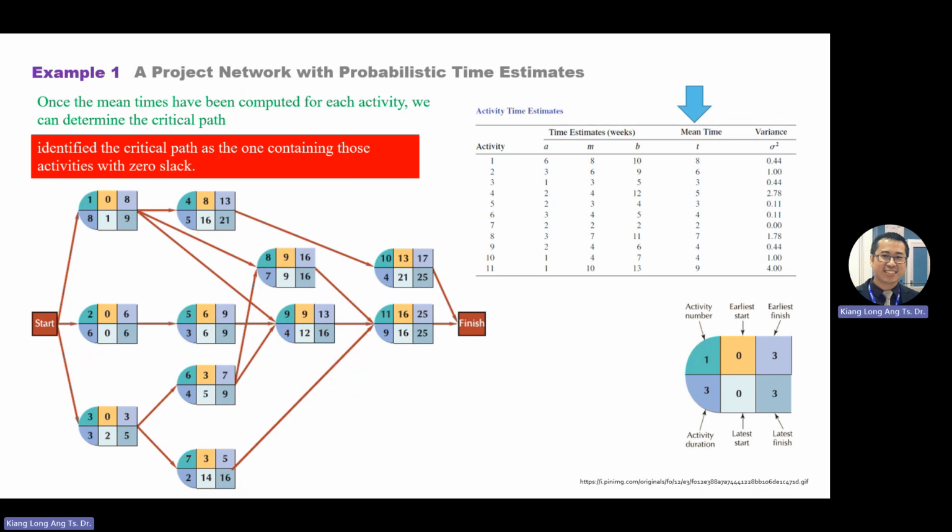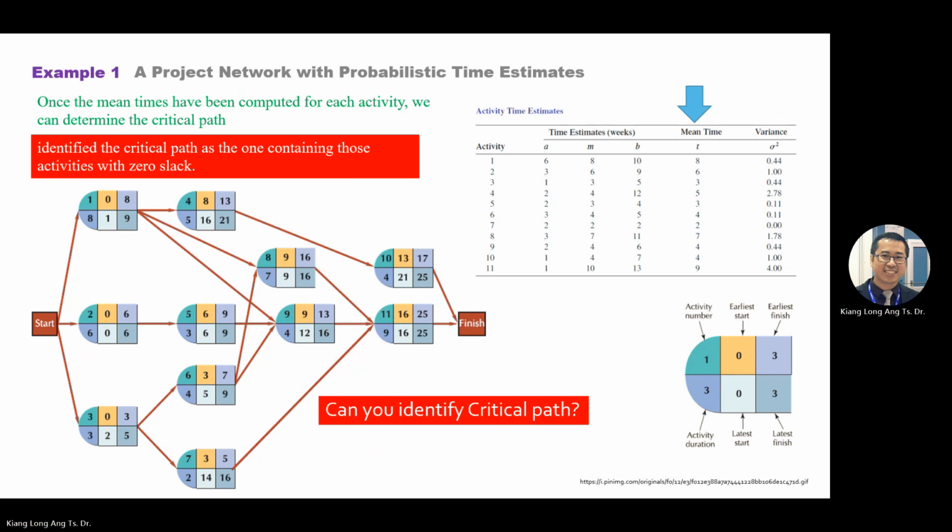So this one, go home and check. If you understand the previous lesson, are you able to identify the critical path by just looking at here? Which one is the member? The easiest is to look at the center or at the back, either one. Because as long as it is the same number, slack time is 0.